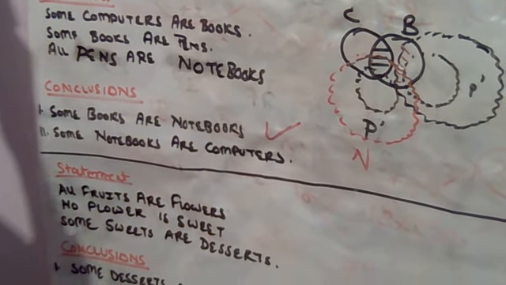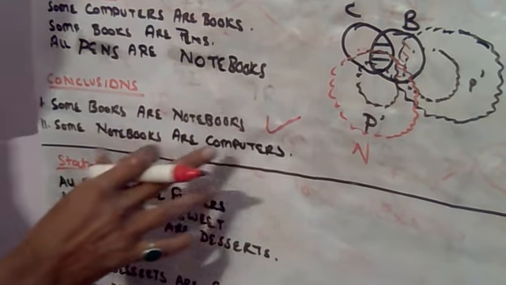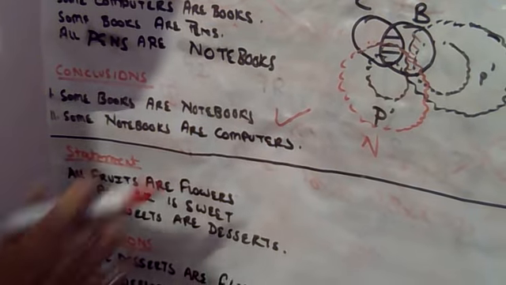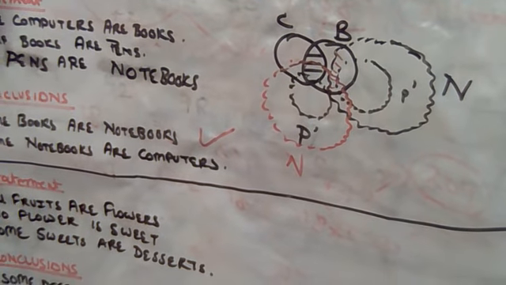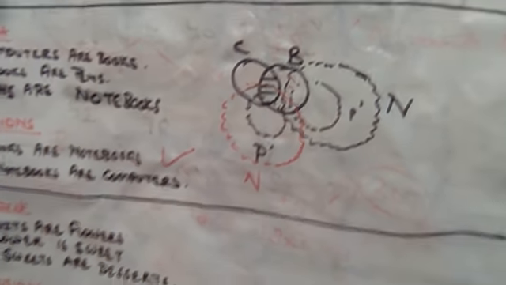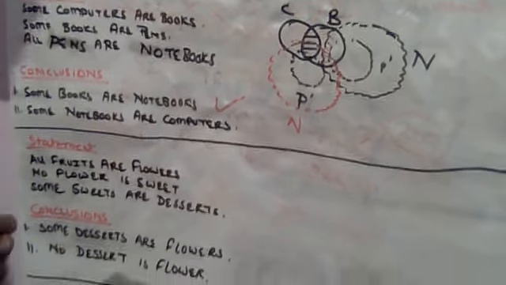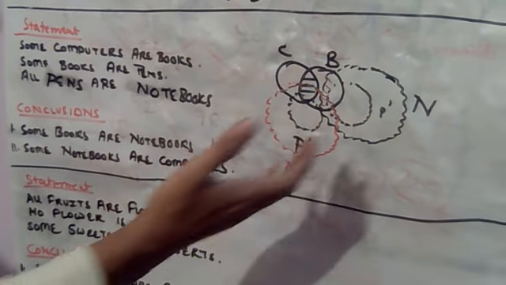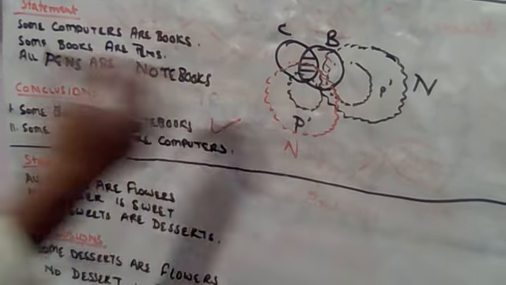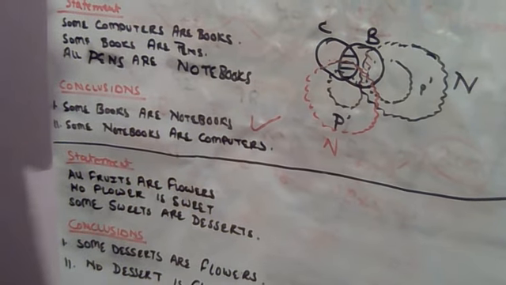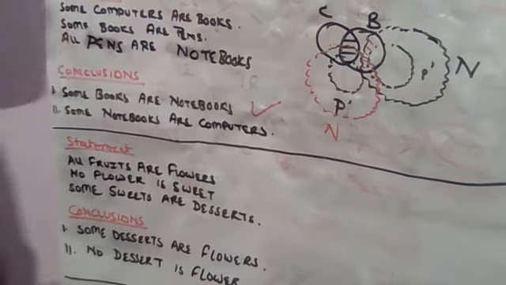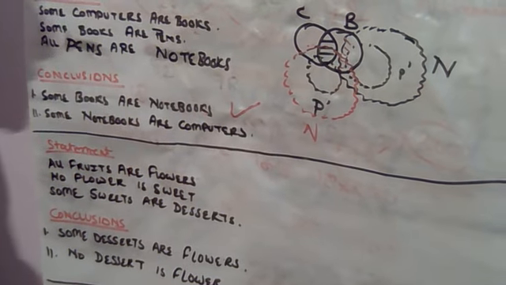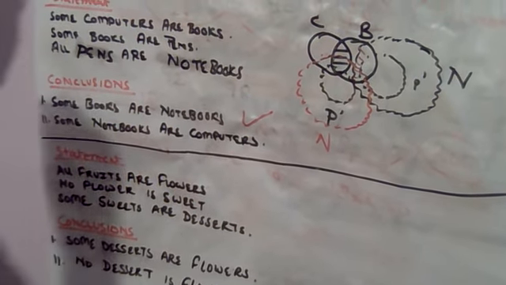Now, some notebooks are computers. Some notebooks are computers is not a very strong statement over here, because even this is possible and this is possible. So it arises a doubt of either or. In the options, if either or is given, then we can always go for it.